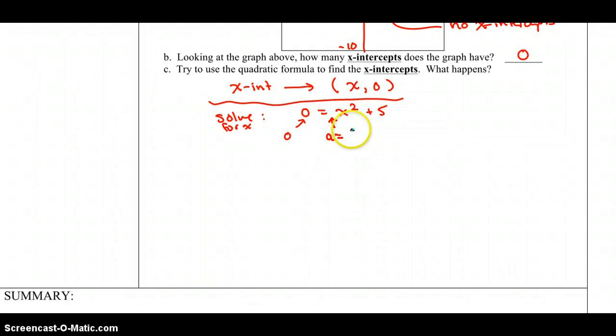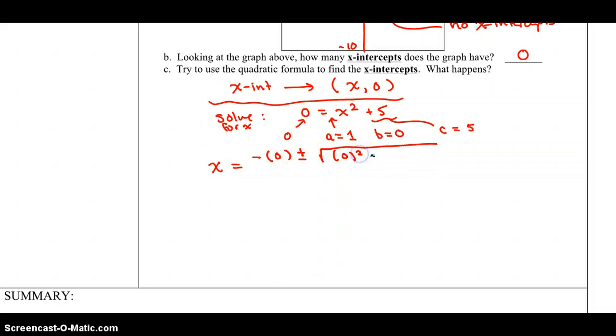A is the coefficient of x squared, which is 1. B is the coefficient of x. We don't have any x terms, so that coefficient would be 0. And then C is our constant term, which is 5. So now if we use the quadratic formula, we're going to get x equals the opposite of b, plus and minus the square root of b squared minus 4ac, all over 2a.